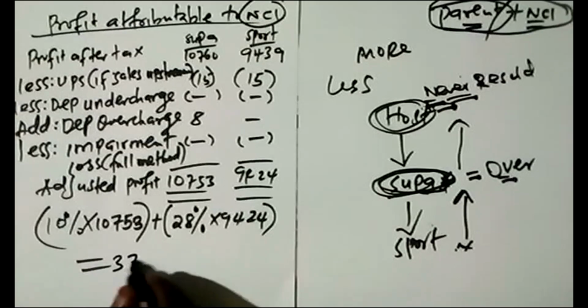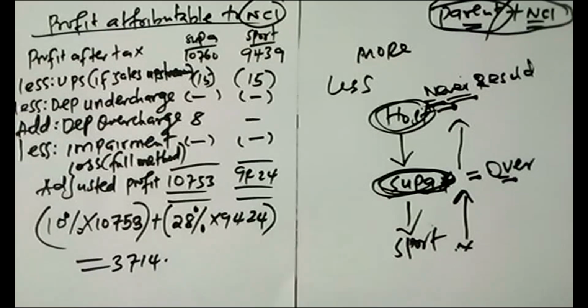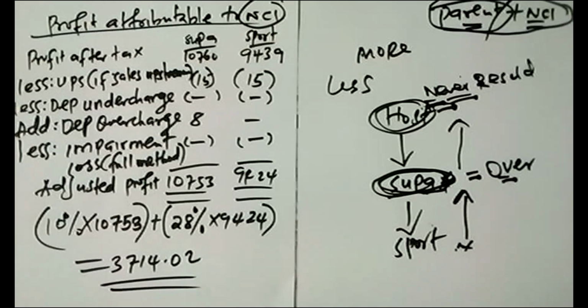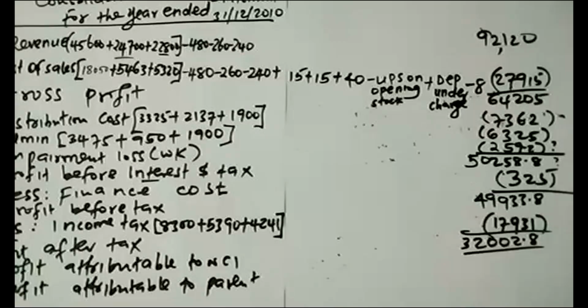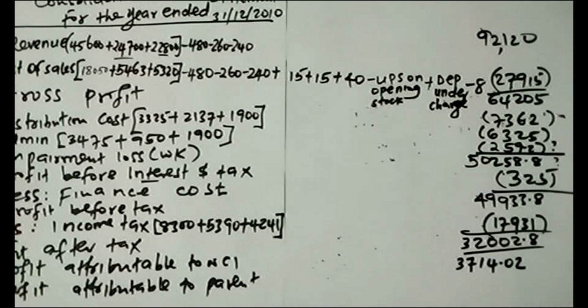So this one is supposed to be 3714.02. After our workings, we have 3714.02.